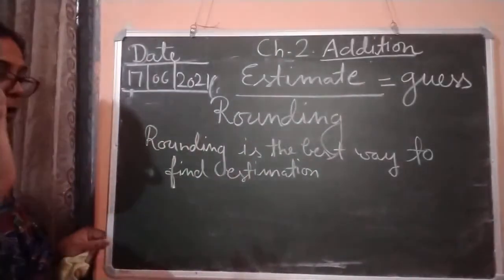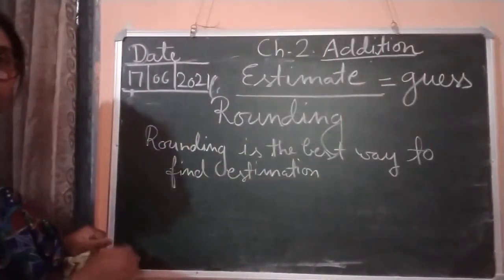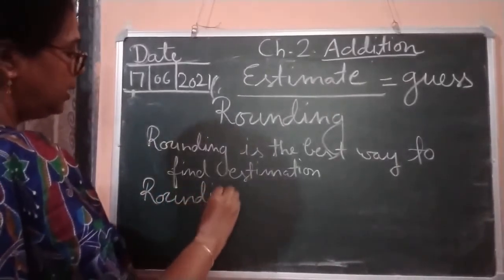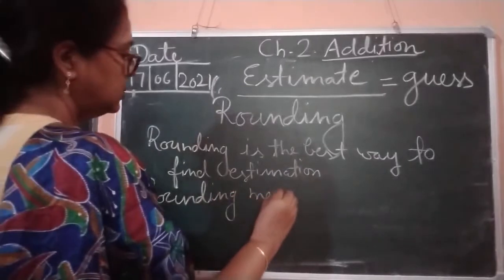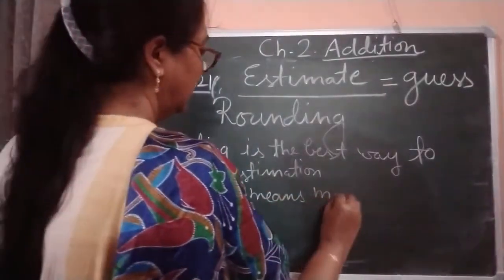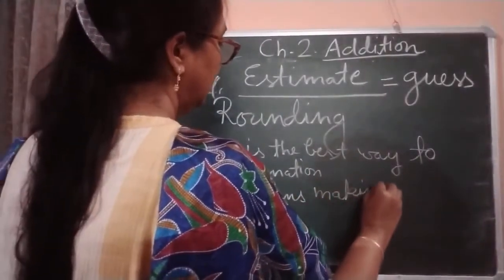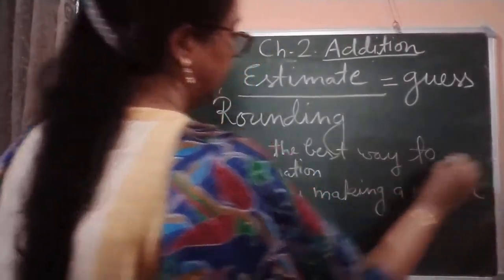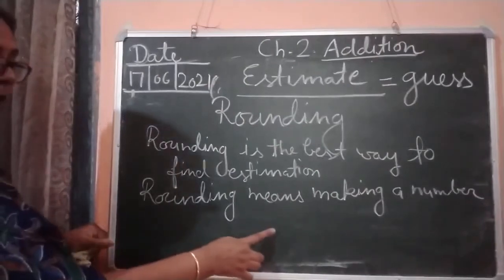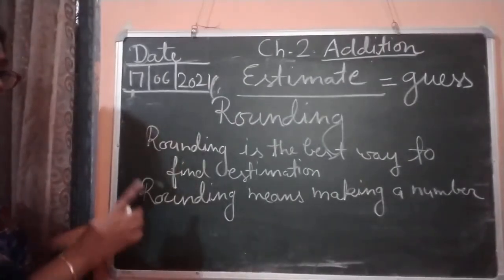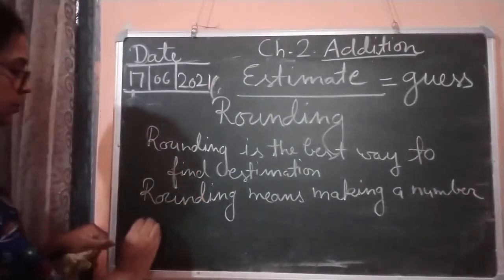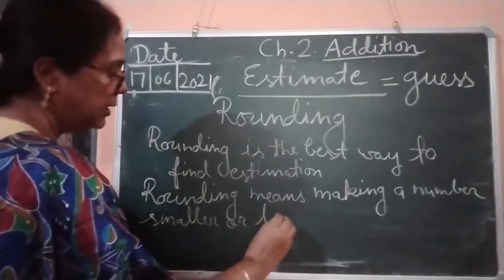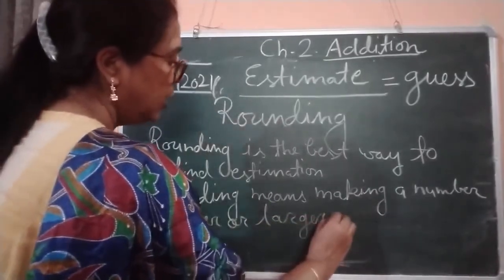Now, rounding means making a number smaller or larger. It depends on the numbers.